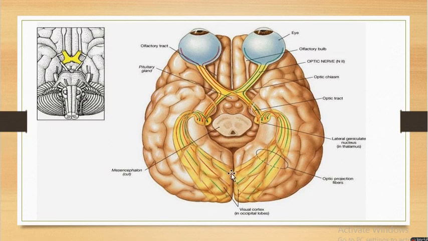So this is the occipital region, which is the primary cortex for visualization. And if someone develops a pituitary adenoma, it also compresses the optic nerve. If someone develops any tumor here, it also compresses the optic nerve. And if someone develops a stroke here in the occipital lobe, it also disturbs the visual system.